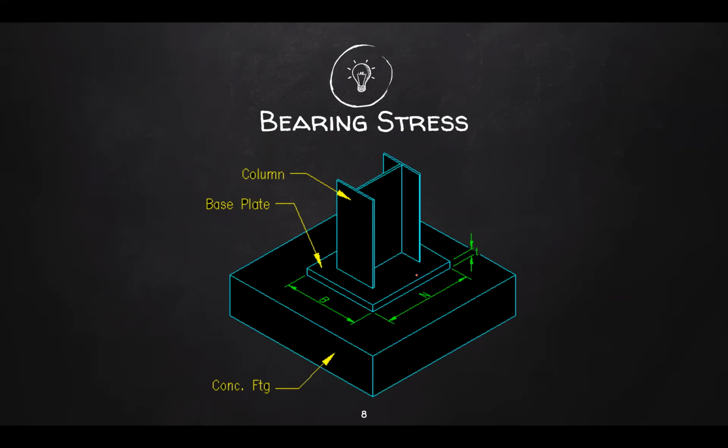And we know from physics, the smaller the area, the larger the pressure, which is something we don't want in designing structures because it could easily lead to failure, especially for a concrete footing, because concrete, although it is strong against compression, is weak against shearing, and this narrow area can create shearing in the concrete footing. So the base plate is there to distribute the load from this column to a larger area on the footing, hence minimizing stress.